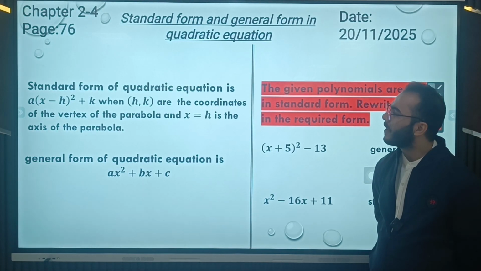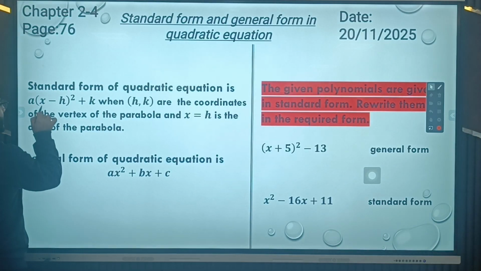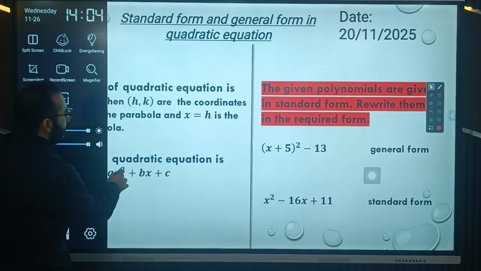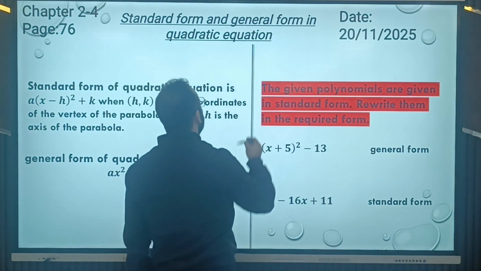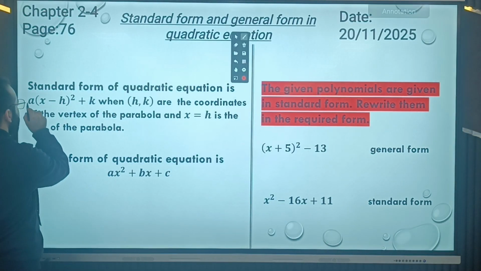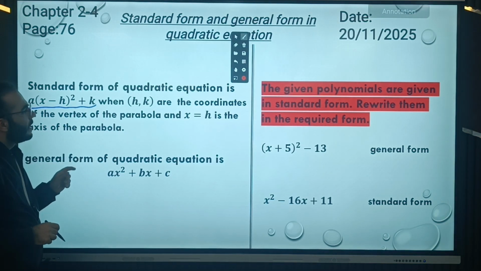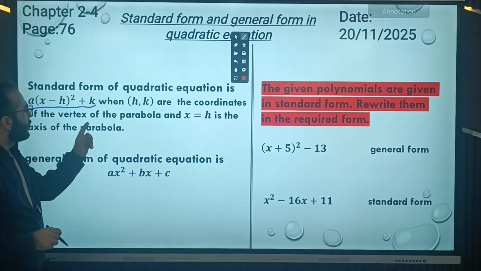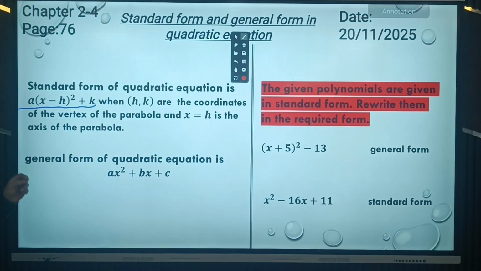Standard form of a quadratic equation is this form: a times (x minus h) powered by 2 plus k. h and k are the coordinates of the vertex of the parabola, and x equals h is the axis of the parabola.